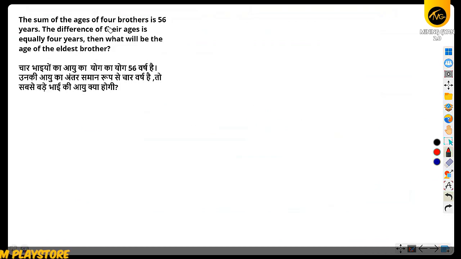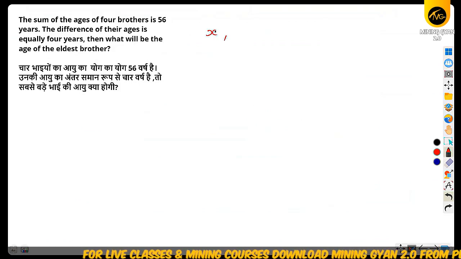It's not given the age of any brother, like oldest or smallest, so you have to suppose any variable like x. Suppose this is the eldest brother's age.